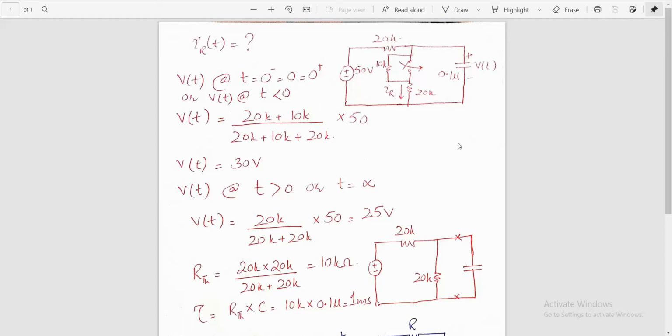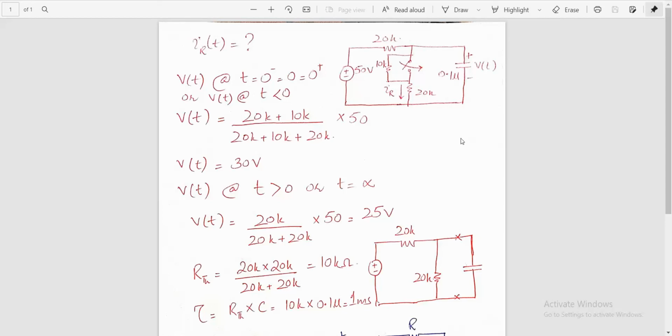Now, first let us find out V of t at t equal to 0 minus, or t less than 0, before the operation of the switch. V of t will be equal to the voltage across the combination of 10 kilo ohms and 20 kilo ohms resistance, which are connected in vertical position.